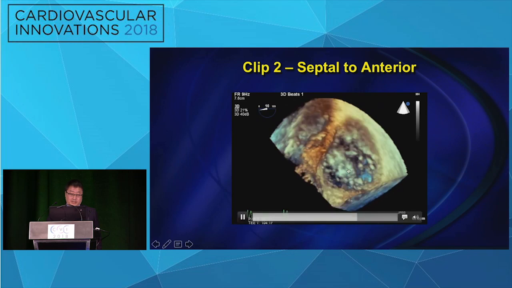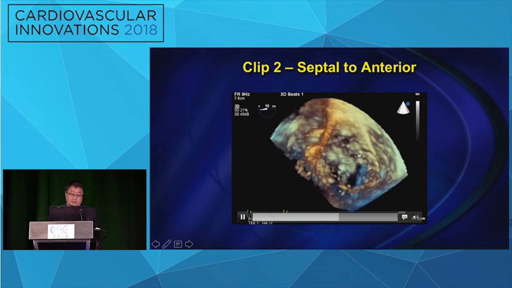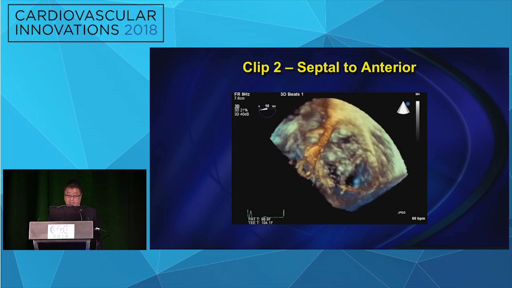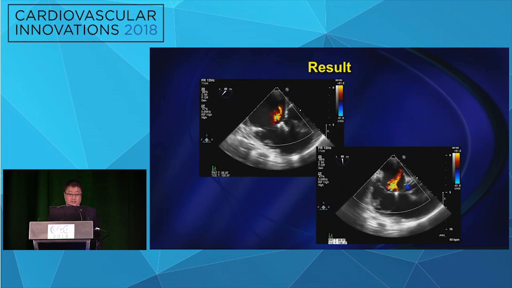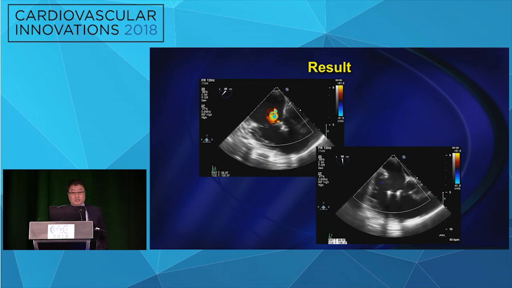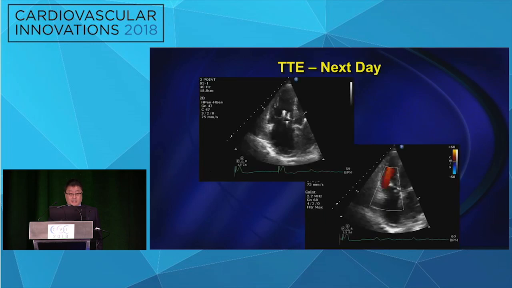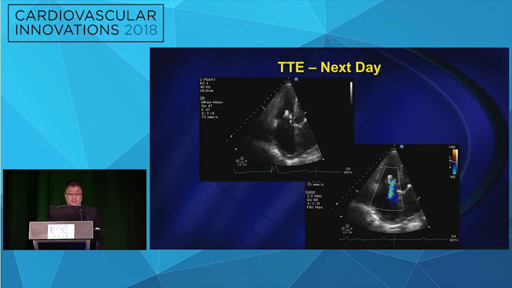And then we have a second right near the middle, the septal and anterior leaflet right down centrally. It's kind of a clip and zip approach, but to our surprise, we got quite a nice result with 2 clips there. And on the transthoracic the next day, still some TR, but certainly a significant improvement.